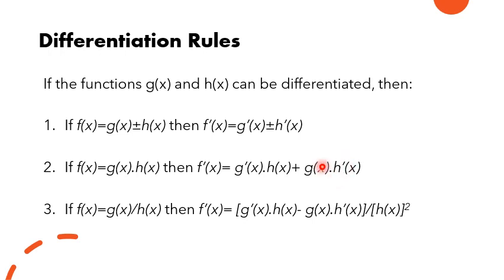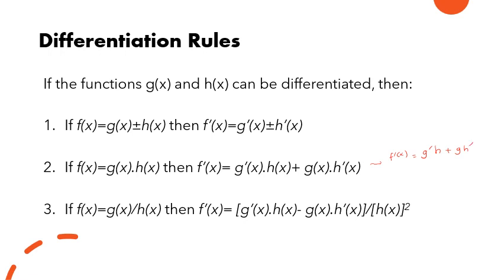Okay, and I will write it down so that you will remember your high school lessons. So if f(x) is g times h, then f accent is g accent h plus g h accent, right?